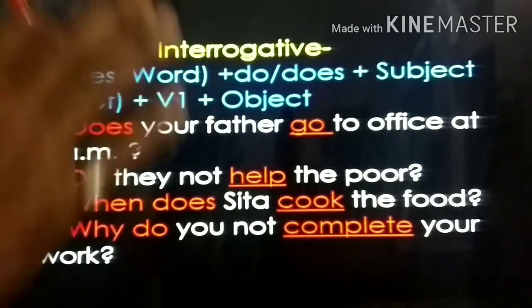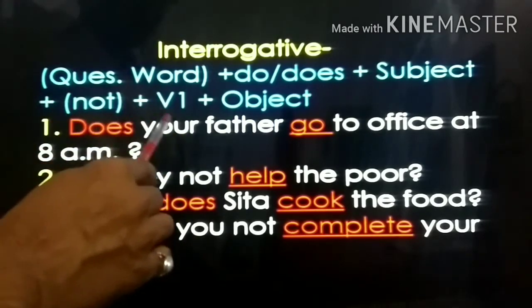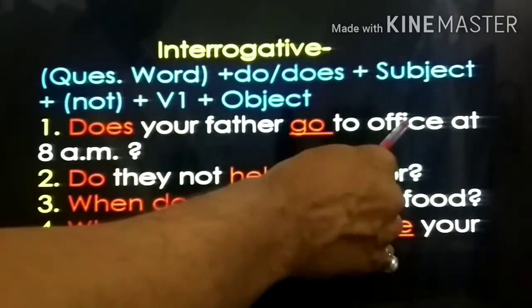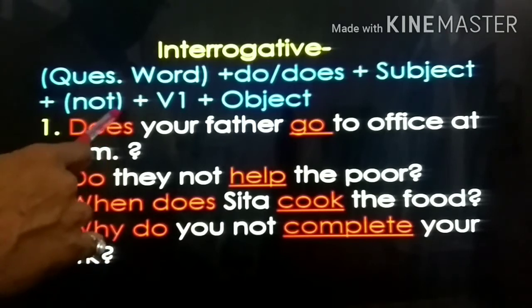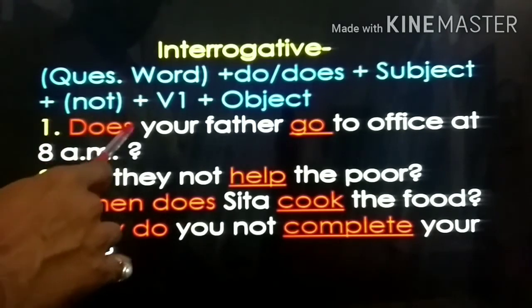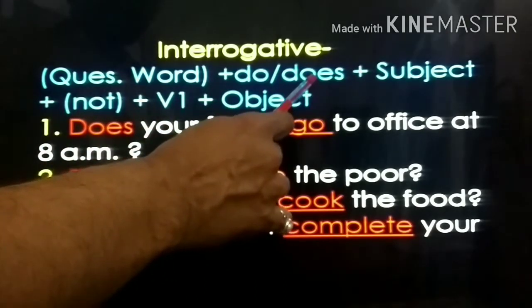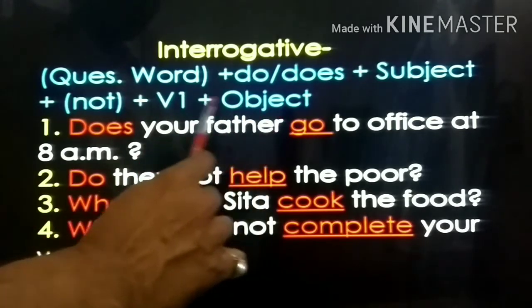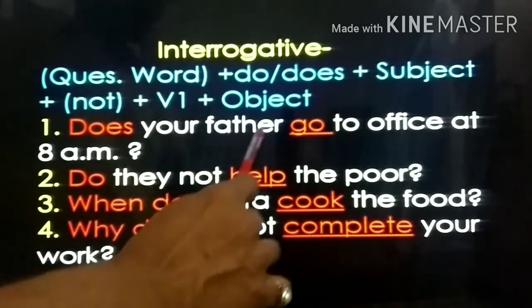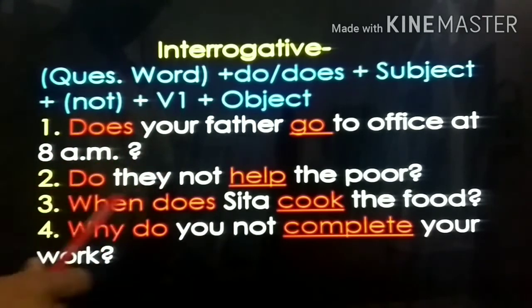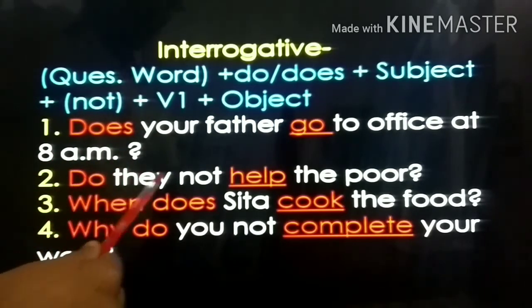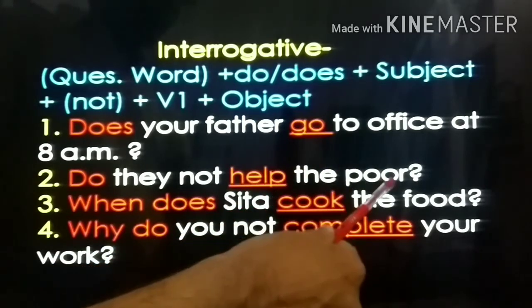Now see the sentence. Does your father go to office at 8 a.m.? This sentence has been started using does. Now see the subject, your father. Father means only singular number, and for singular number we are using does. Next sentence, do they not help the poor?